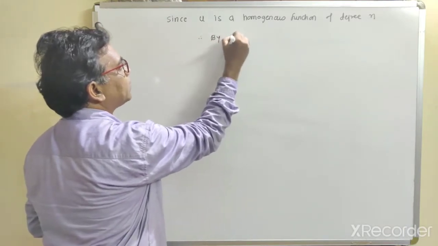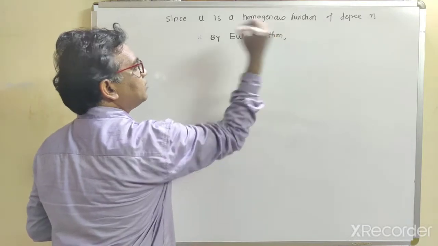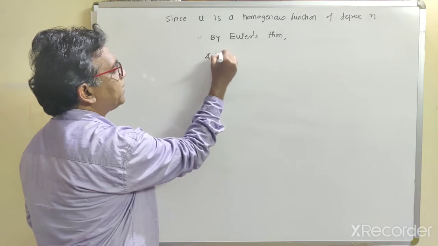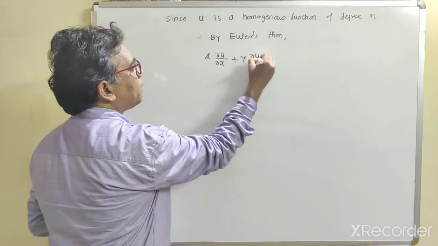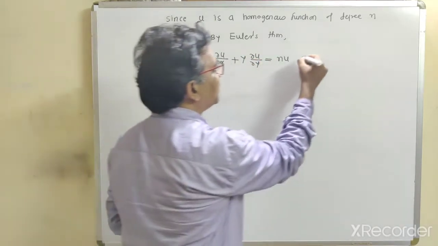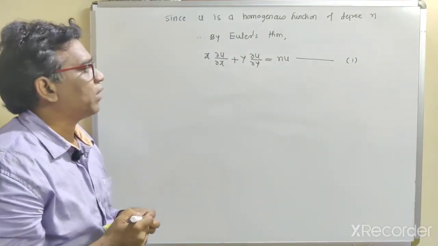Therefore, by Euler's theorem, what is the statement? x into del u by del x plus y into del u by del y is equal to nu. So this is our main equation, that is equation number 1.